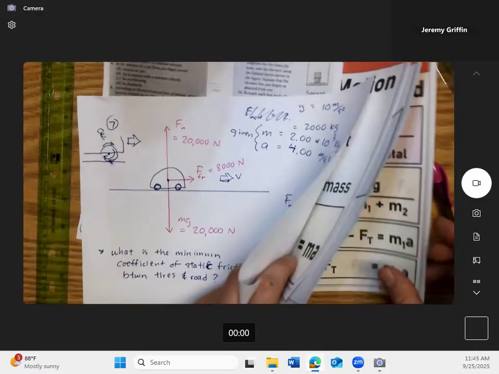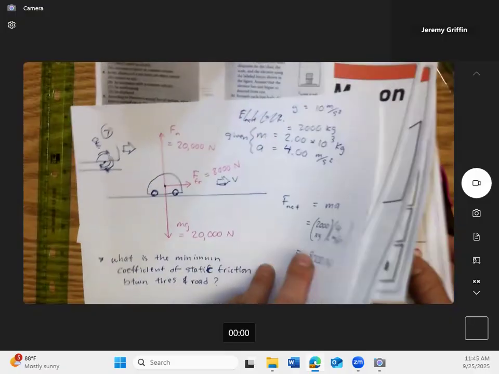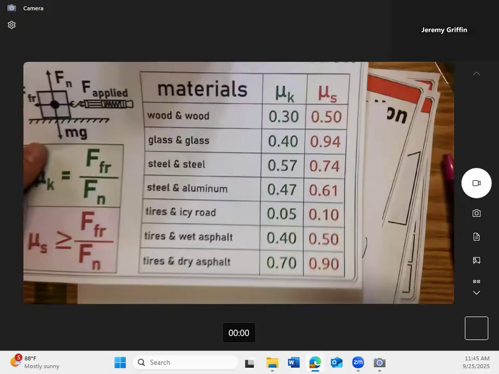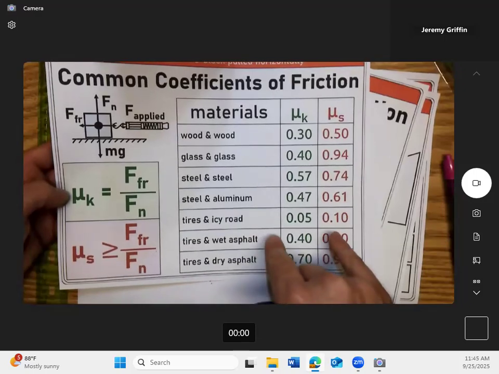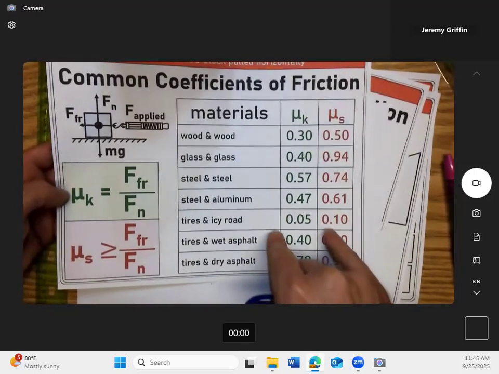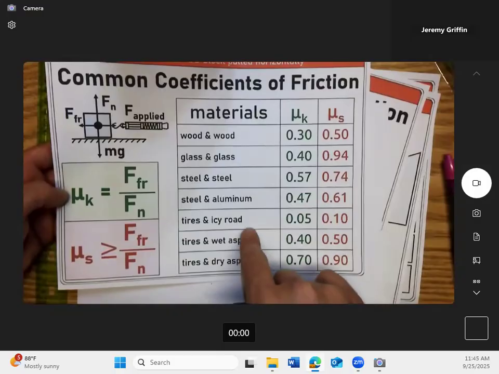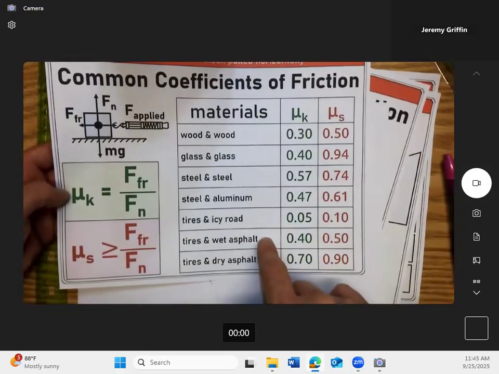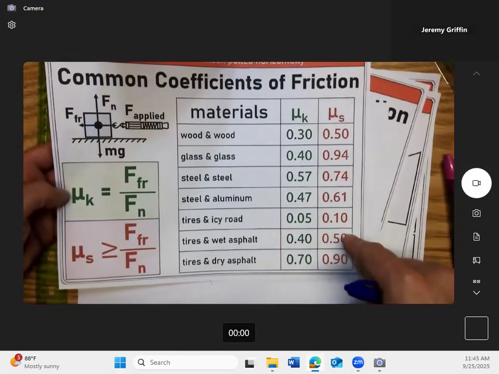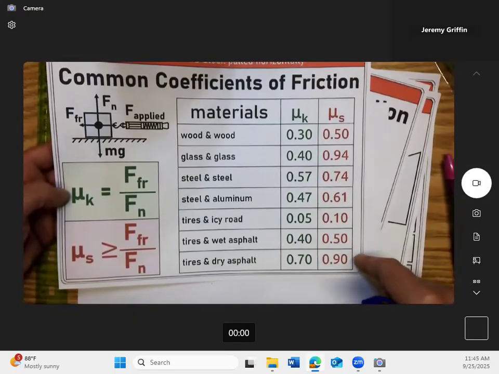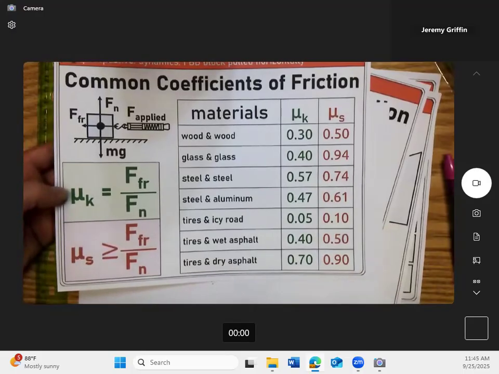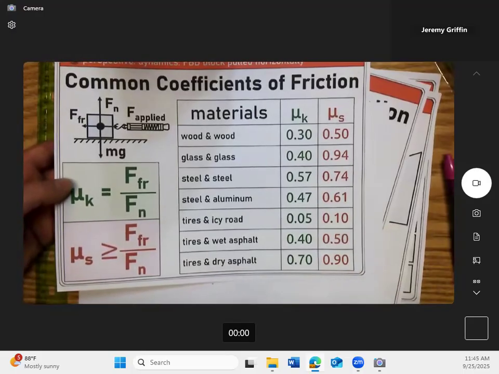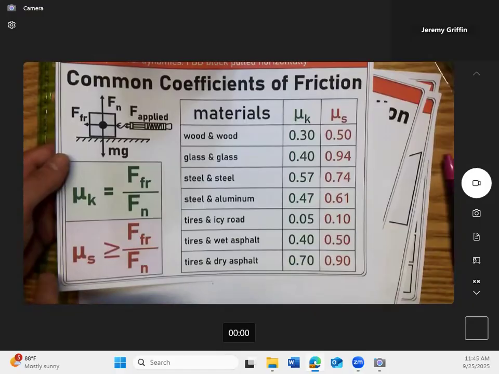While you guys are thinking of that, do you remember these coefficients of friction between tires and different kinds of roads? We've got an icy road, wet road, dry road, with different coefficients of static friction. If this was an icy road, there would not be enough friction to allow the car to accelerate as much as you want.